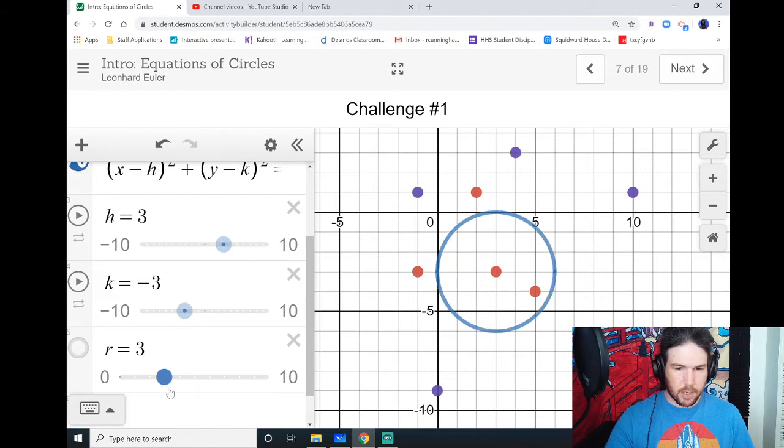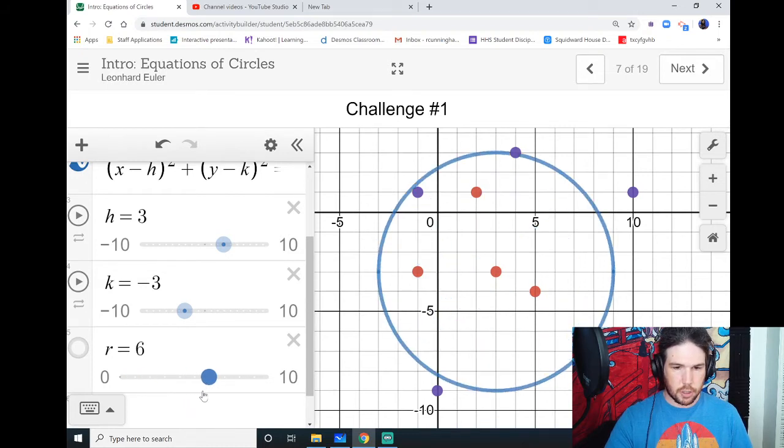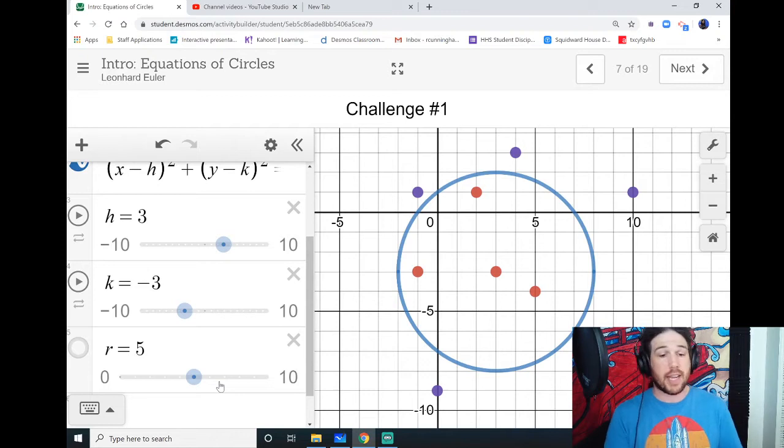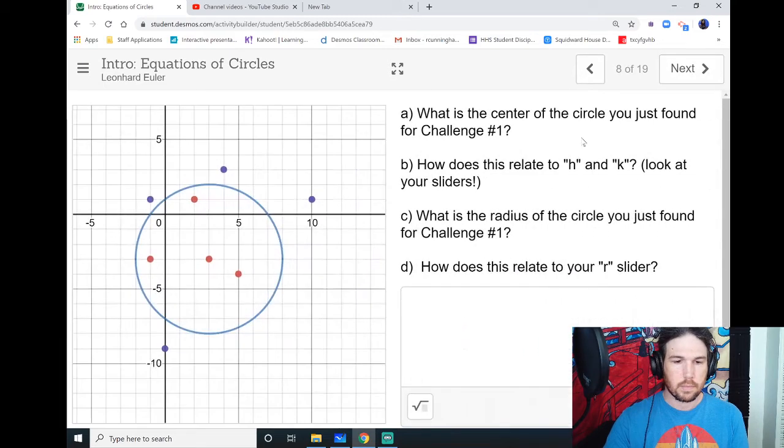And we'll make it bigger, but not too big. There we go. So the r made it bigger, the h and the k moved it around. And now I have a circle that has all the red dots inside it and all the purple dots outside it. I'm sure there's more than one way to do this. I'm sure that there are other values of h and k and r that would still solve this. Any one of them is fine.